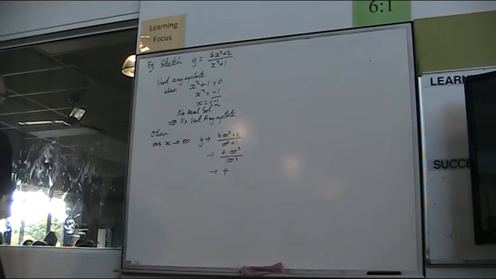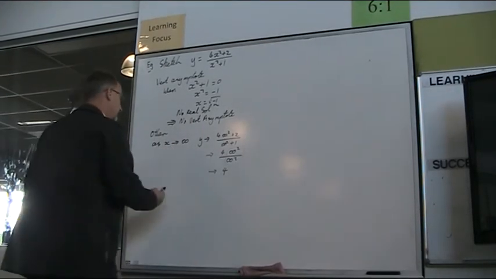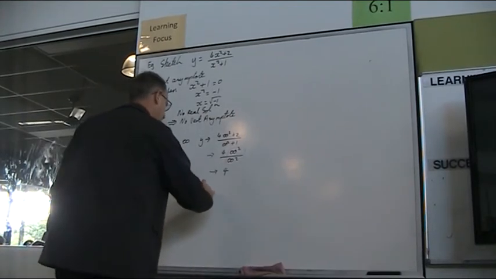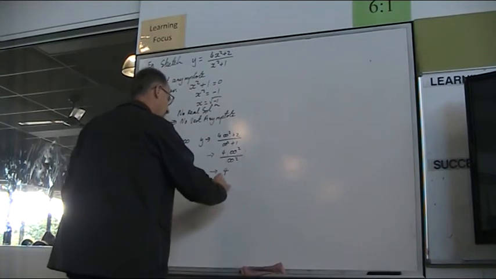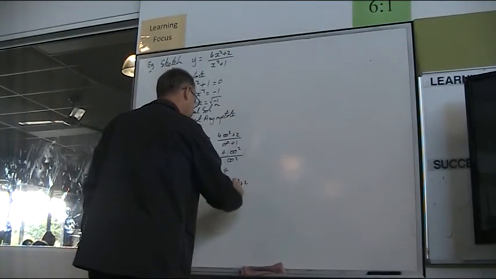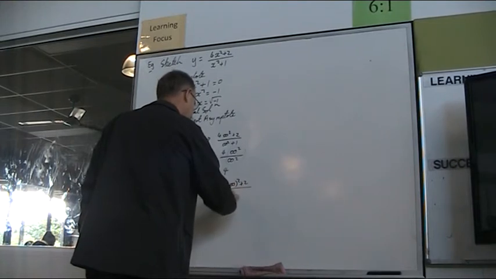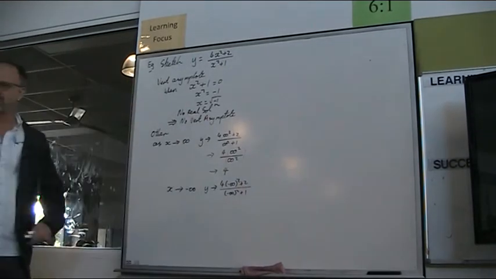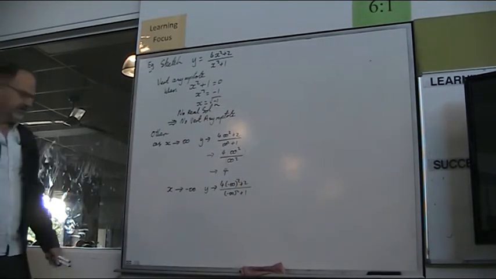Yeah. And so if we went negative infinity, we had the same kind of thing. We'd have 4 lots of negative infinity squared plus 2 over negative infinity squared plus 1. Again, the plus 1 and plus 2 are insignificant.